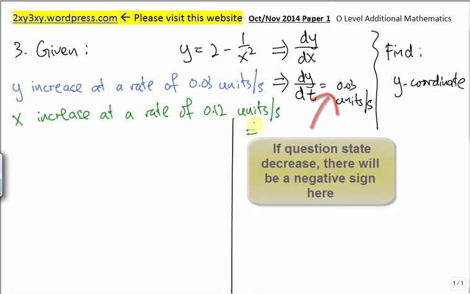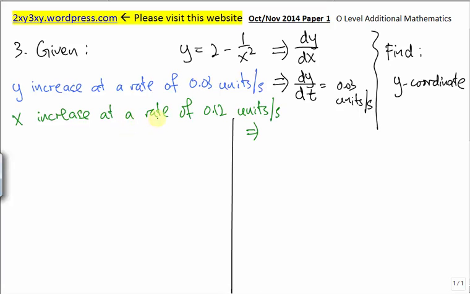Next, x is increased at the rate of 0.12 units per second, so dx/dt is positive 0.12 units per second. Now we have these three pieces of information.